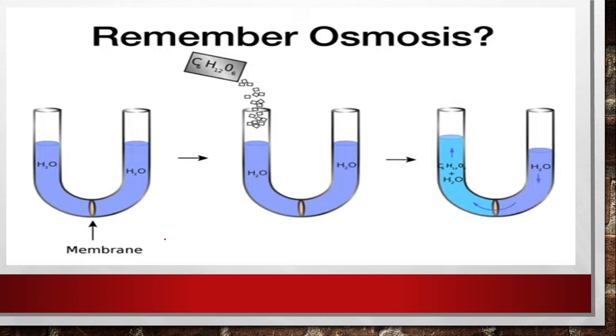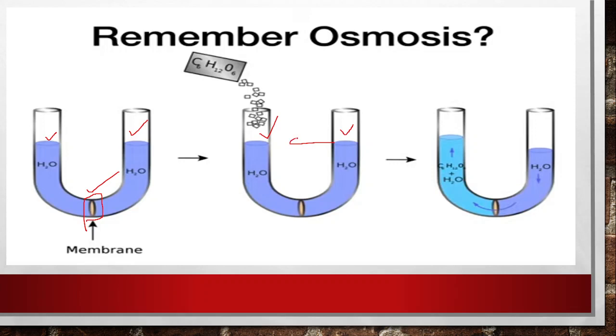Now we come toward osmosis. We have learned in our previous classes that osmosis is the movement of water molecules from higher concentration toward lower concentration across a semi-permeable membrane. If you look at this figure, three diagrams are given. In the first diagram, water is present on both sides of this tube, and there is a semi-permeable membrane in between. In the second figure, when sugar is put on one side of this tube, the water will flow from this side toward this side.